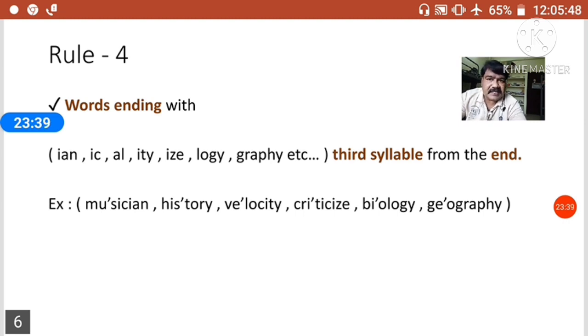O is the third syllable. So I kept the stress mark at O. Now see geography. Geography. PHY is the first syllable from the end. GRA is the second syllable and O is the third syllable. I hope you have understood the rule 4 also.